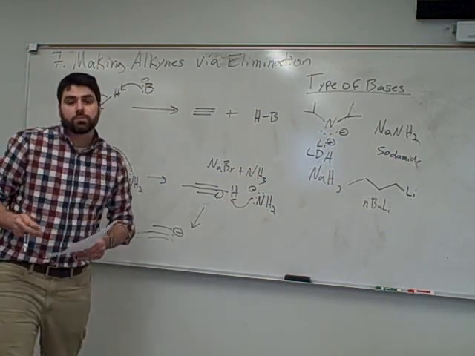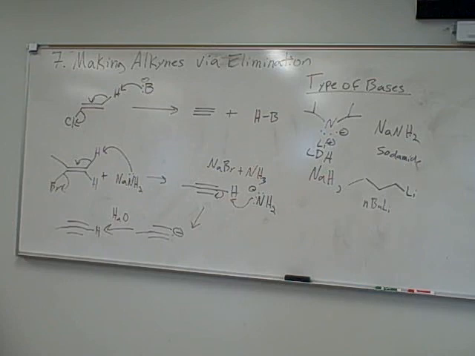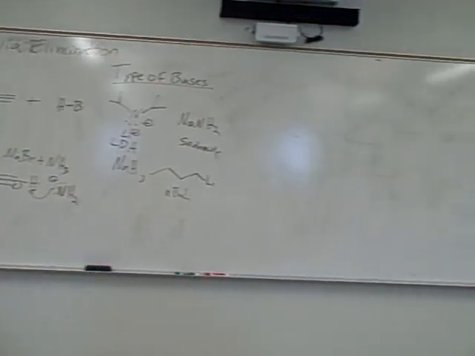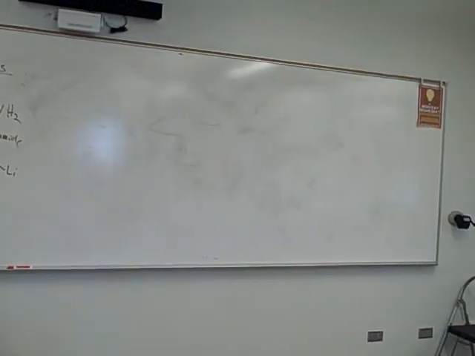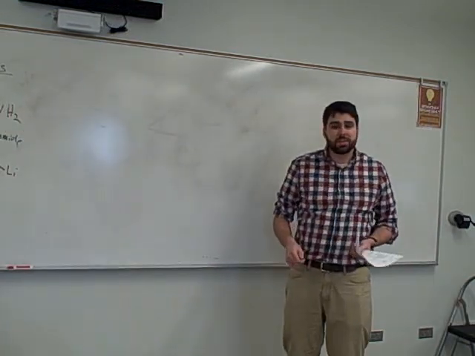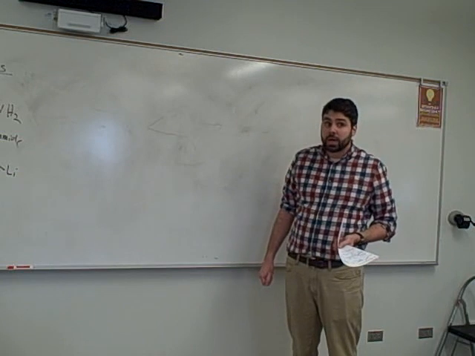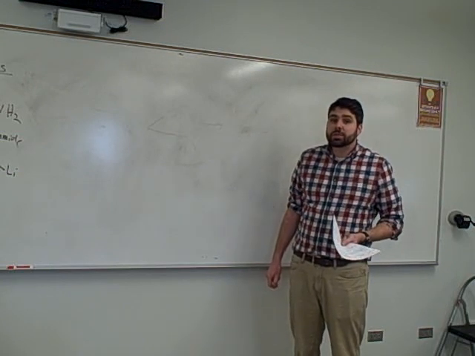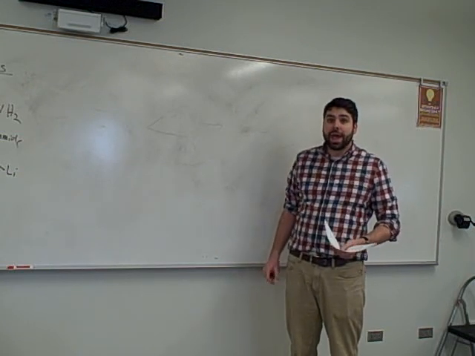Okay, so let me just shift the camera. So it turns out that oftentimes we don't necessarily feel the need to start with a vinyl halide, like vinyl chloride or vinyl bromide. You simply start with an alkane with 2 halogens on it.